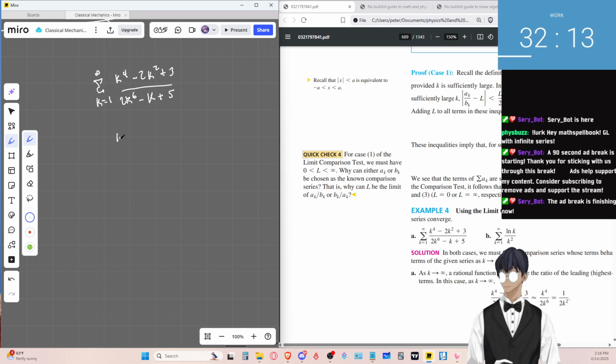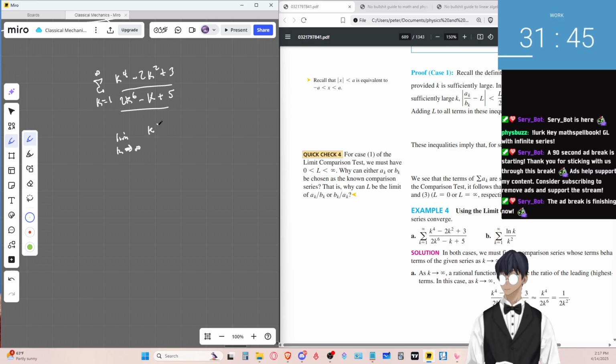So, technically, if you set it to infinity, if this part is B, then that means it's going to diverge. That means A is going to diverge. Yeah, it looks like the k goes to infinity.